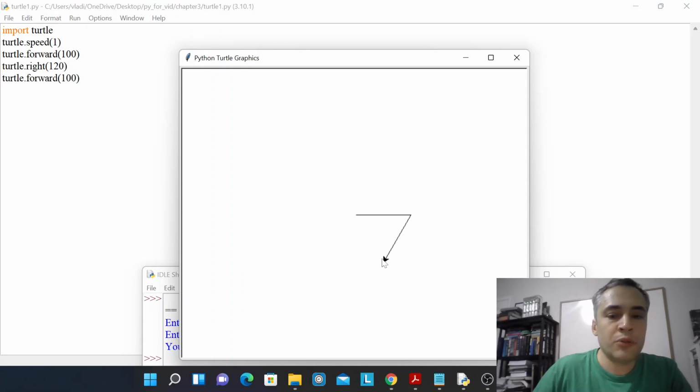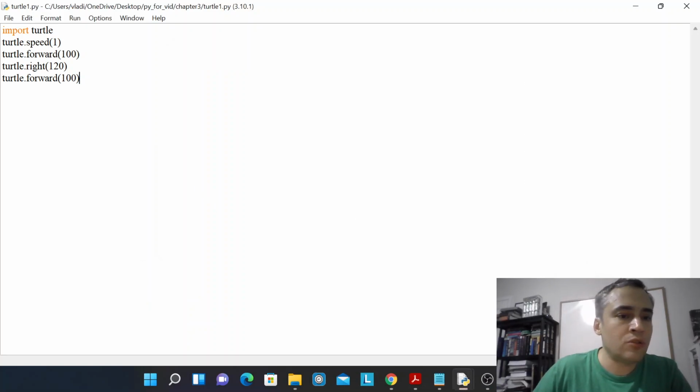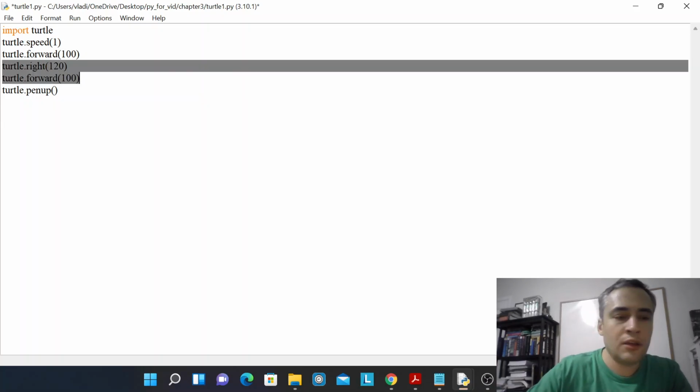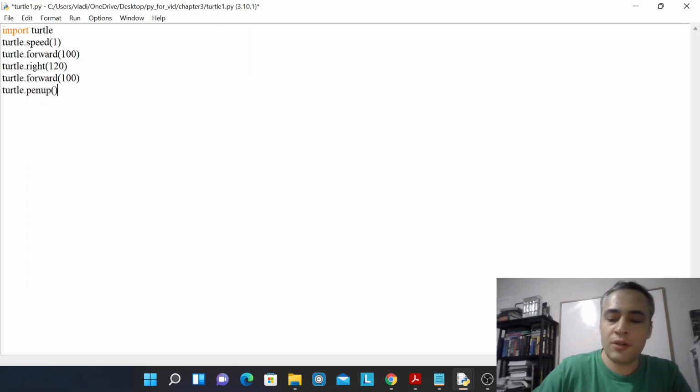And for example, I can do turtle dot pen up, so that it does not trace, and then I will repeat the rotation, right rotation, and run the same distance.